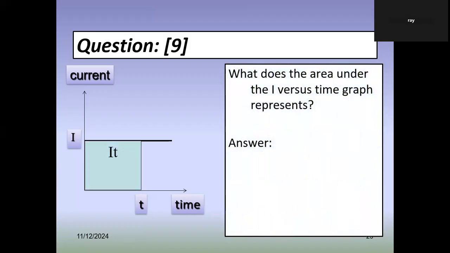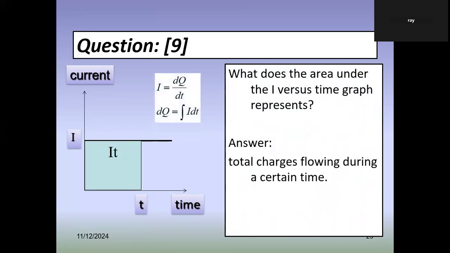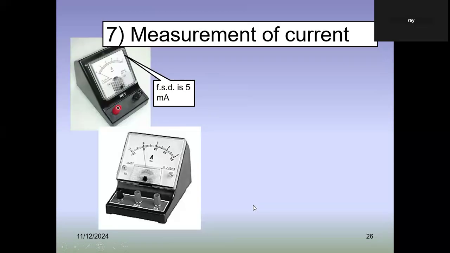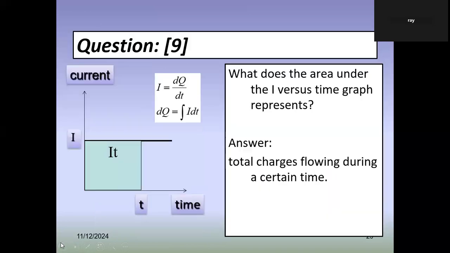Area is I times t. From the formula, I is Q over t, so cross multiply: It is the area, the total charge during a certain time. The answer is Q, the total charge flowing in the time t.